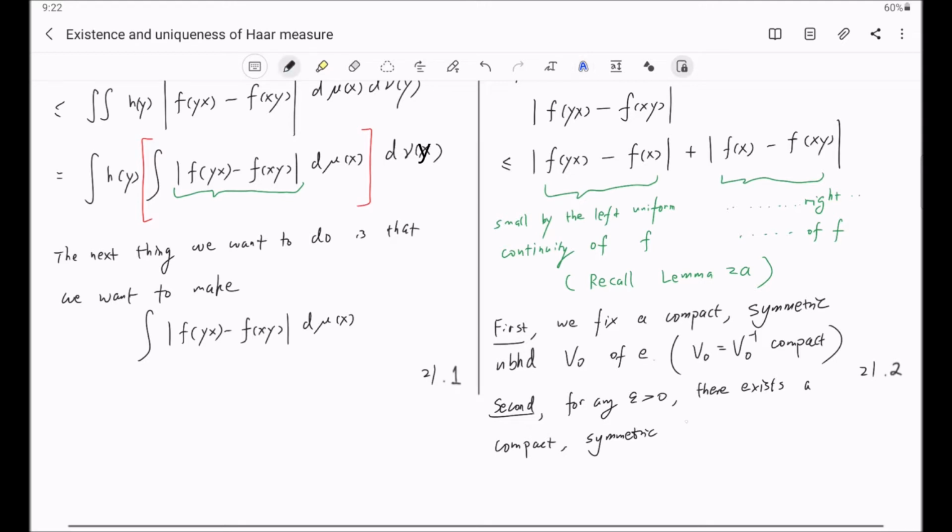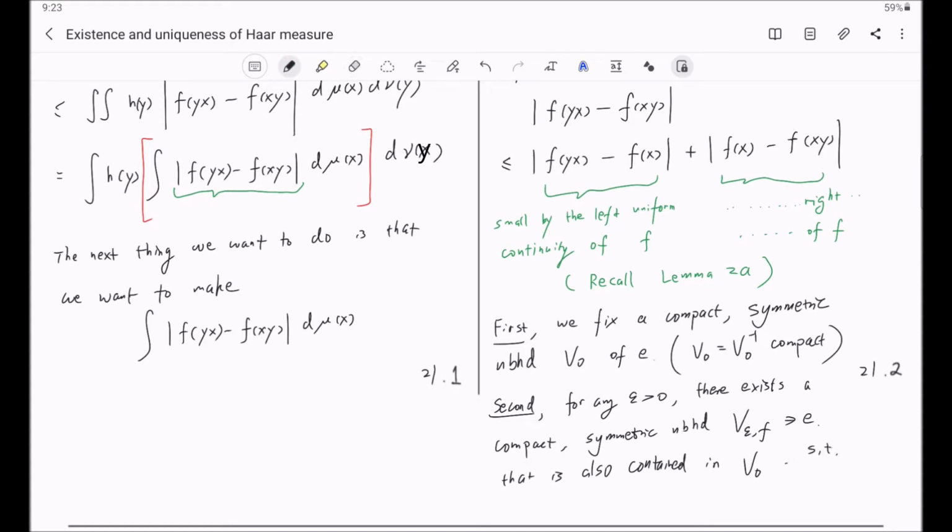Compact and symmetric neighborhood, let's use the notation V sub epsilon comma f, of the identity. That is also contained in V0. This is not the end yet.